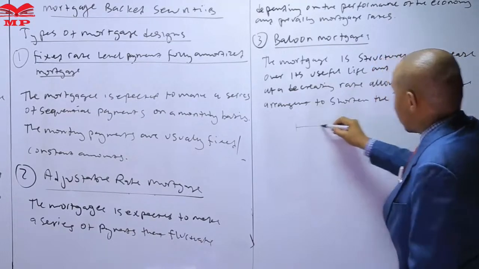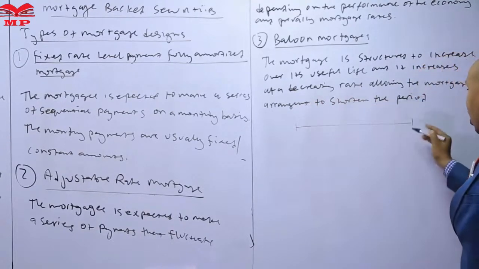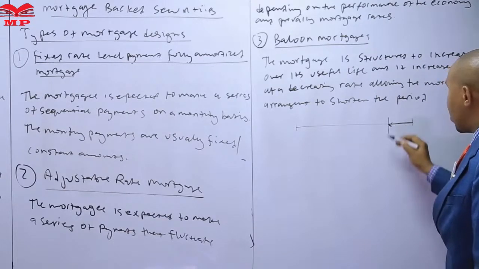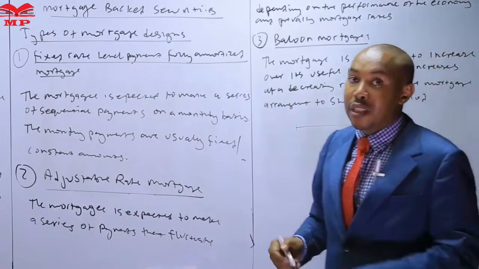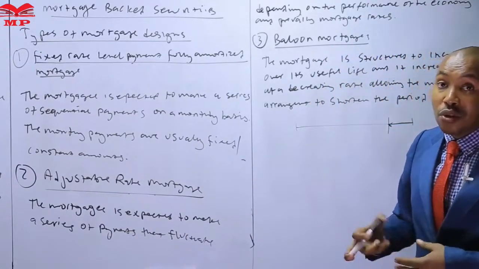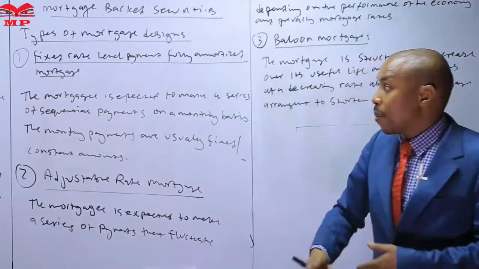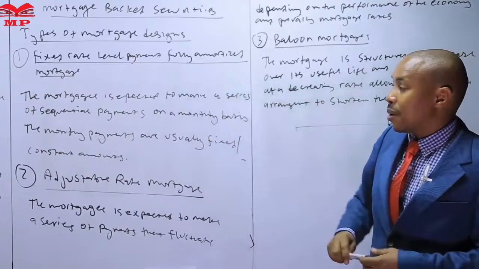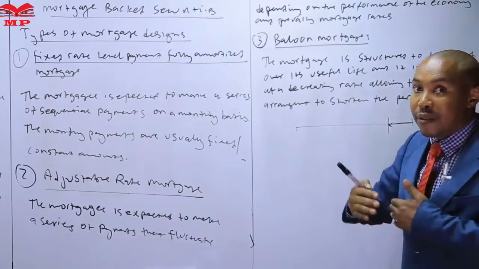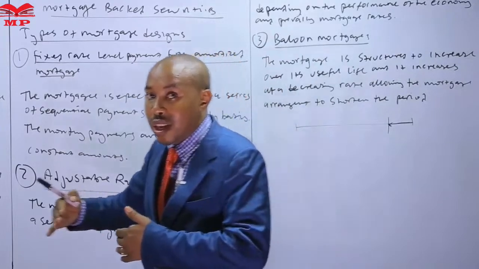So this is what is going to happen as the mortgage payments are increasing. You expect the mortgage duration to shorten slightly, because if you are paying, for example, 15,000 per month, and over the life of the mortgage the payments are increase. You are supposed to contribute 15,000 under a fixed rate level payment structure, but in this structure you are paying 15,000 for some period, 17,000 for some period, 20,000, and so on.